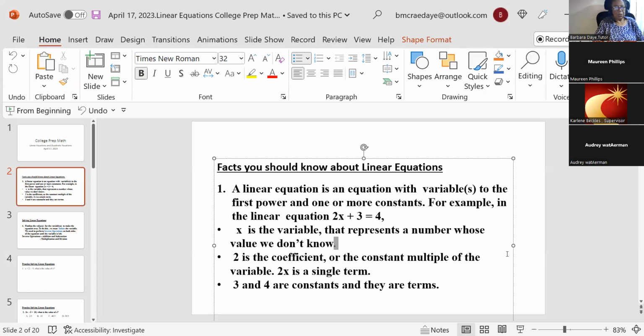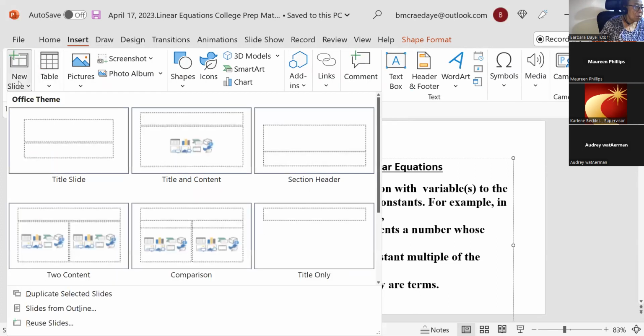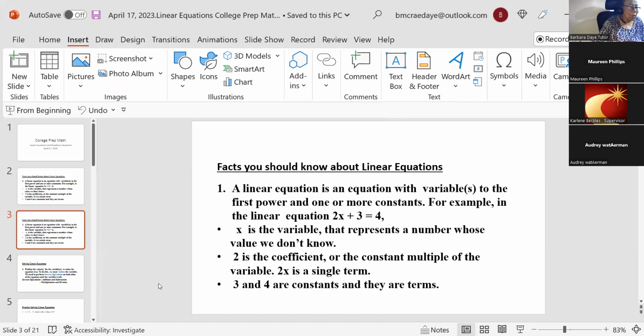Okay, you want it bigger? Make it bigger. Let me put a new slide and put it on 2 slides. All right. So let me do this.